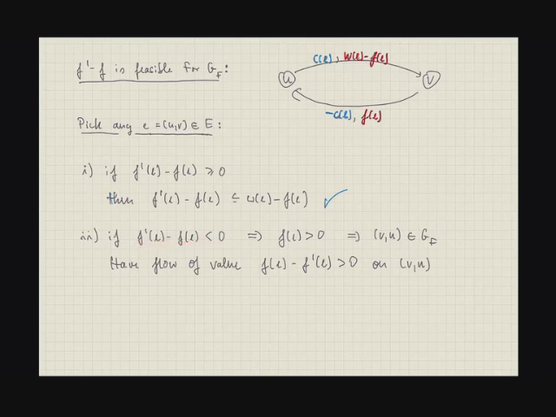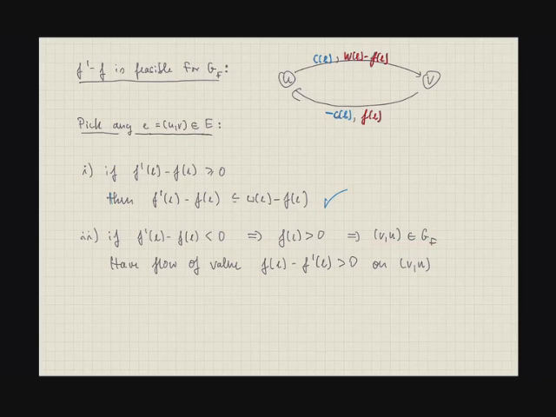If on the other hand the difference flow is a negative value, that can only happen if we have a positive flow, if this is a positive number here, because remember that the flow values are non-negative. So that means there is a positive flow on the edge e, and that means, if the edge e goes from u to v, then we have the residual arc in the backward direction in the residual graph.